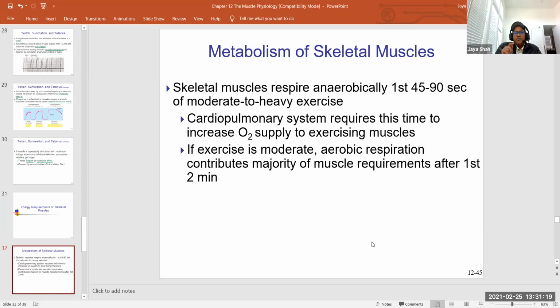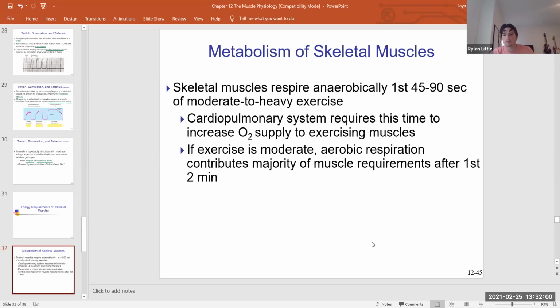That means during that time, your muscle can get ATP either from creatine phosphate, because creatine phosphate provides phosphate to ADP and then forms ATP, or your muscle cell will do glycolysis. Glycolysis means they take glucose or glycogen, which is the storage chain of carbohydrate in your muscle, and break it down into pyruvic acid and then make some ATP.